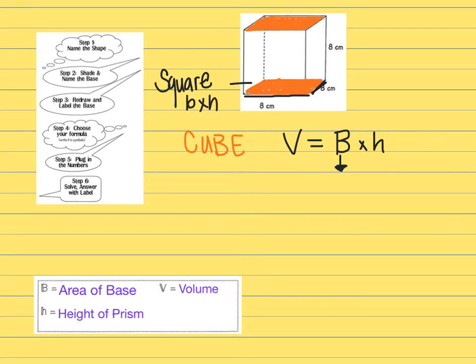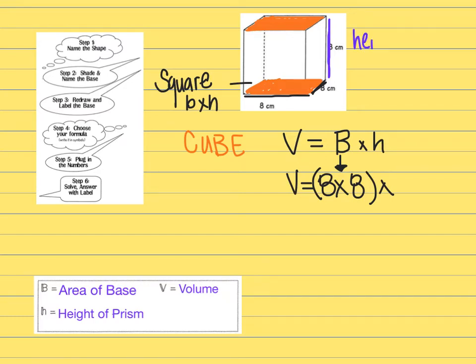Okay, so my numbers are 8. I would just do 8 times 8. And that takes the place of the capital B. And then the last step is letter H is the height of the actual prism. And the height is always going to be the side that is connecting the two bases.